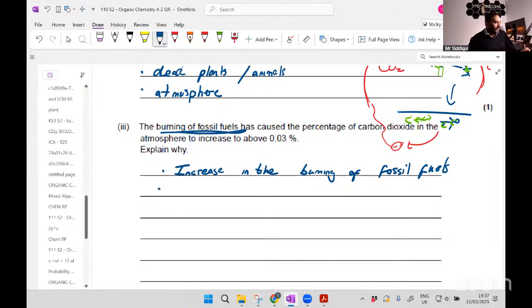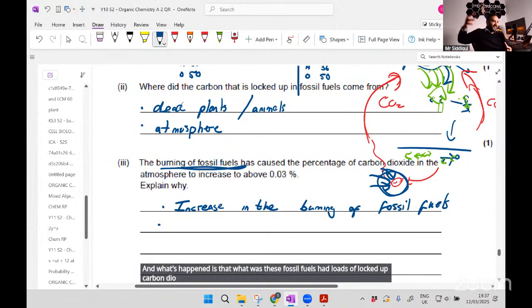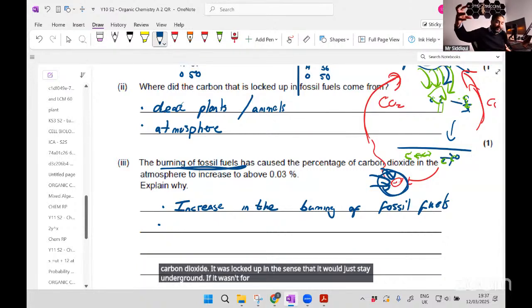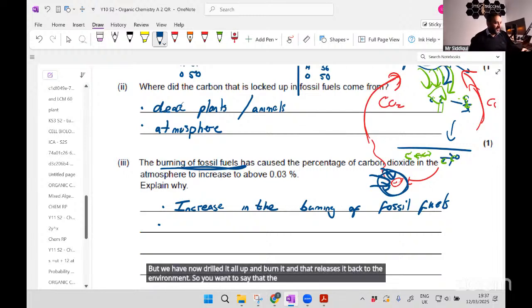And what's happened is that these fossil fuels had loads of locked up carbon dioxide. It was locked up in the sense that it just stayed underground. If it wasn't for humans, all of that carbon would still be underground effectively. But we have now drilled it all up and burned it, and that releases it back to the environment. So we want to say that the locked up carbon dioxide is released.